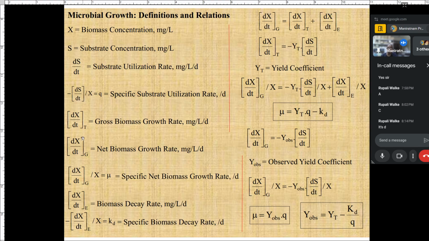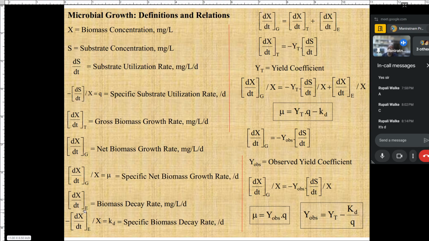Then we have dX/dt total, that is known as the gross biomass growth rate. Then we have dX/dt g, that is known as the net biomass growth rate. These are different terms, and after some time we will be seeing the relationship between these terms. Then we have dX/dt g per X, that is the specific net biomass growth rate.